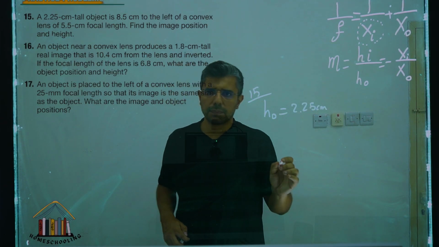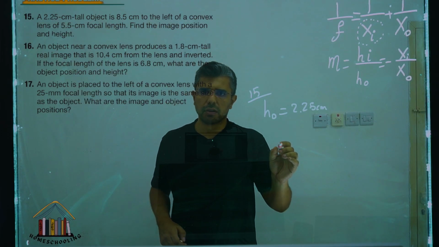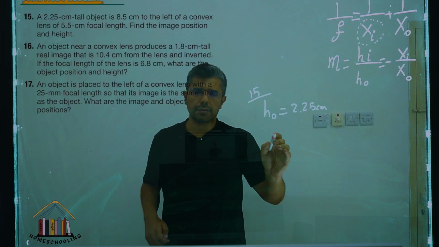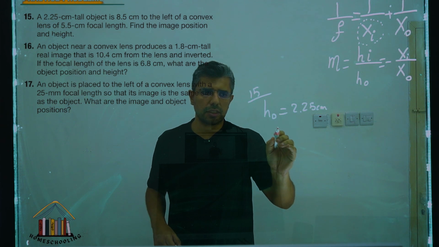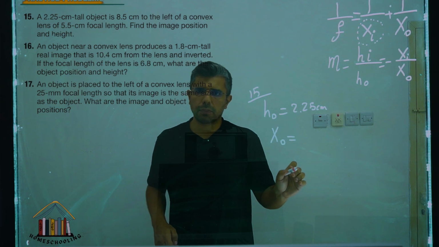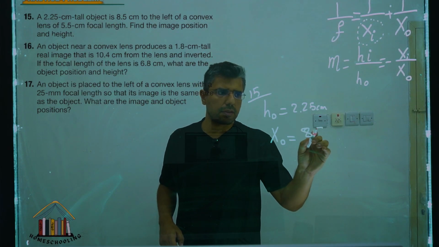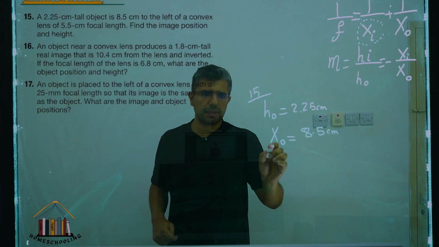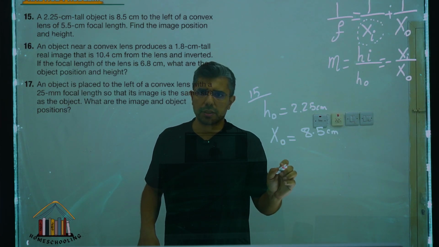It is 8.5 centimeter to the left of a convex lens. So its position XO is 8.5 centimeter from the lens. This means the object position.